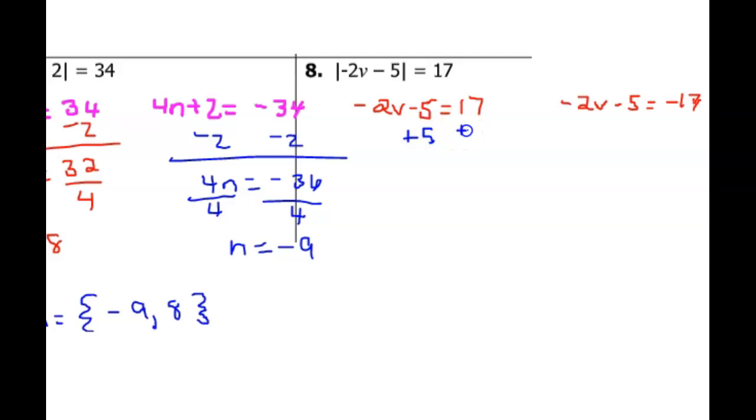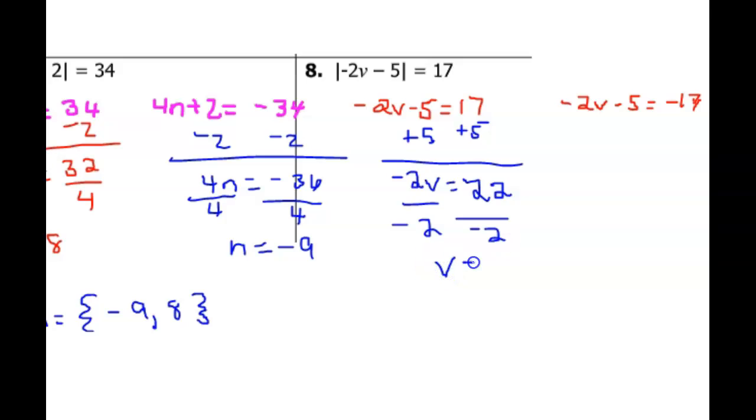I'm going to add 5 to both sides of the equation, so I end up with negative 2v equals, let's see, 22. And then I'm going to divide by negative 2.